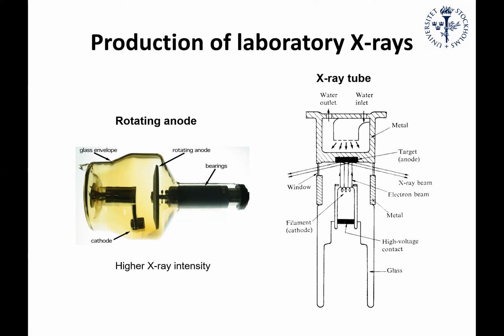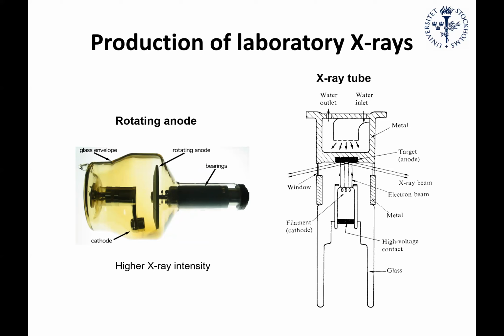And of course, you don't want to melt your anode, otherwise you won't be left with an anode after a long time. So typically we have a cooling system. So there's water that comes in and out to remove the heat that is produced by bombarding that anode with electrons. So cooling is a really big issue.